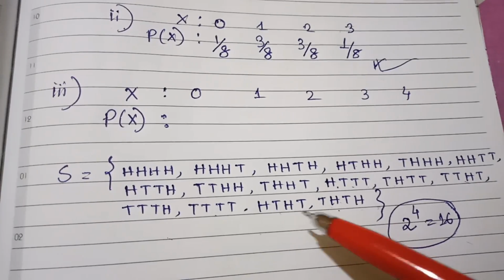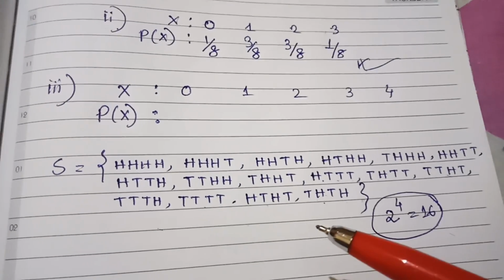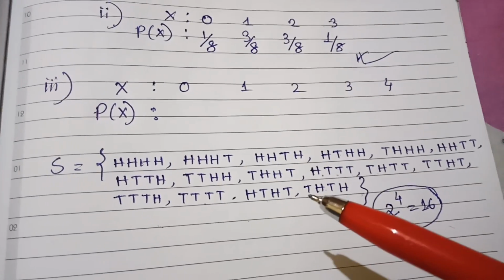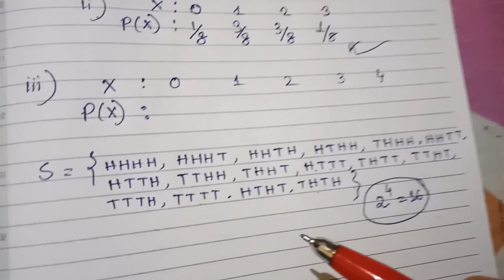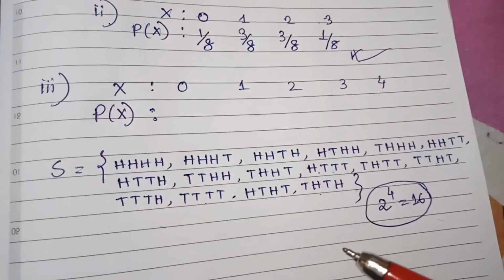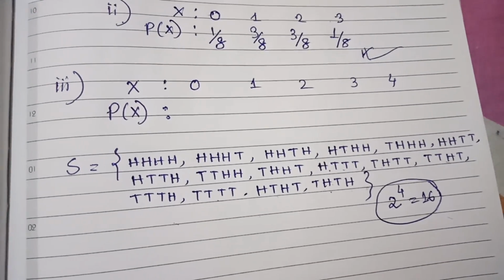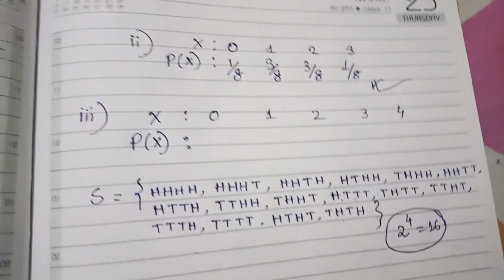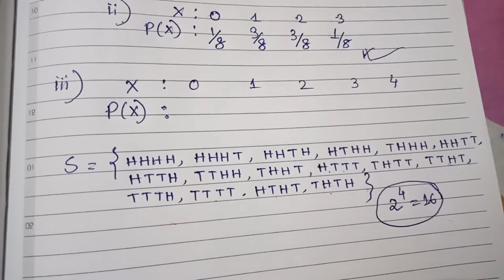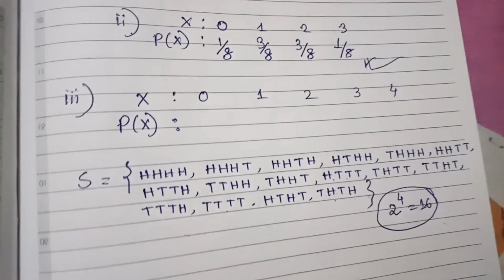In this way only, look, I also don't remember the whole sample space. I have constructed it, so you also can construct it if you know the process. Mathematics is not about memorizing. Mathematics is all about learning and working on it, not working on memory. You need to work on the particular problem.